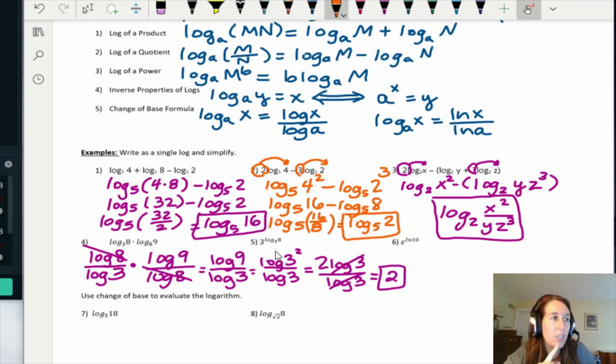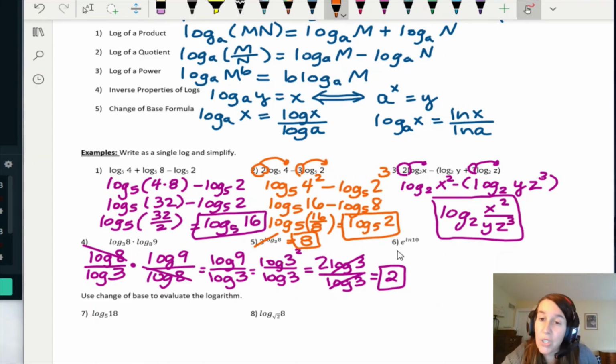They undo each other. This is a base 3 raised to the power, and the power is the log. And it's the same base, of course, it has to be the same base. This is equal to 8, okay? So it's just the base 3 and the log base 3 will undo each other because remember, logs and exponents are inverses of each other.